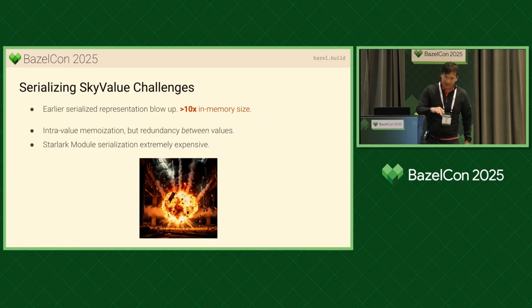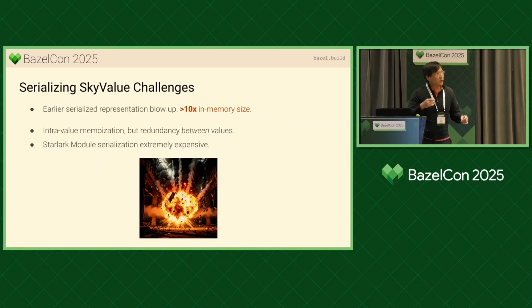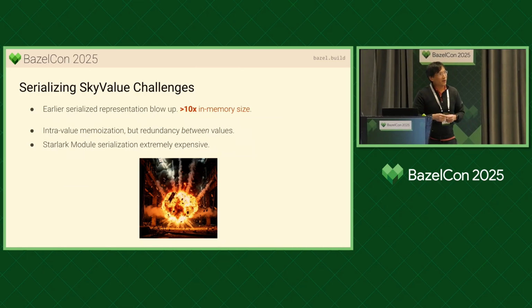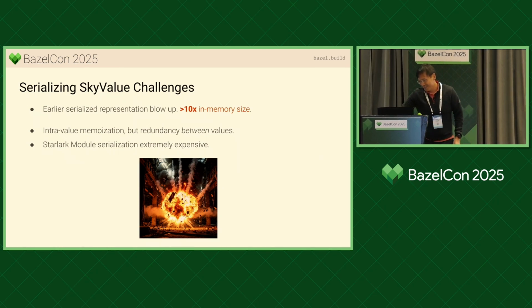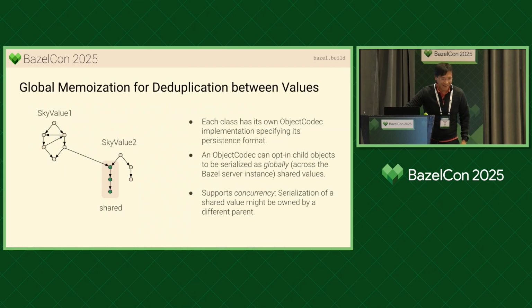And in particular, the serialization of Starlark functions was very expensive. We're basically trying to serialize the Java representation of the Python code, which is just a little bit too much indirection, right?